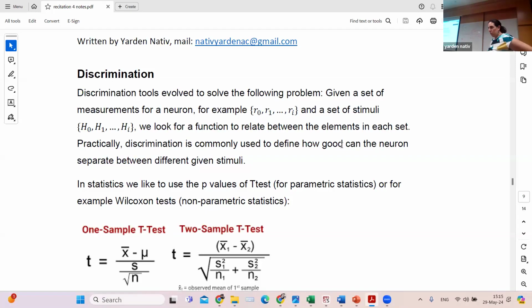Okay, so in the next recitation, I want to speak about decoding. Decoding is like trying to create a full function like we did for encoding, but given a neural recording, to predict what the stimulus was. This is kind of mind-reading, right? This is what decoding means. But practically, most of the papers about decoding are practically about discrimination.